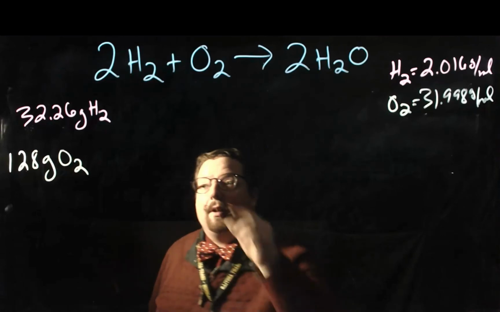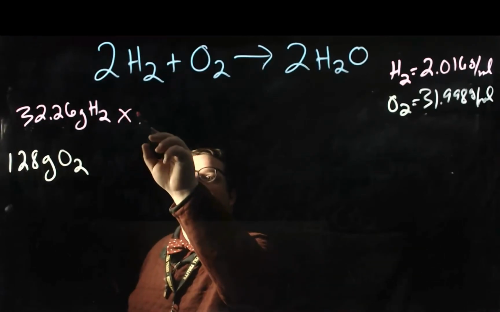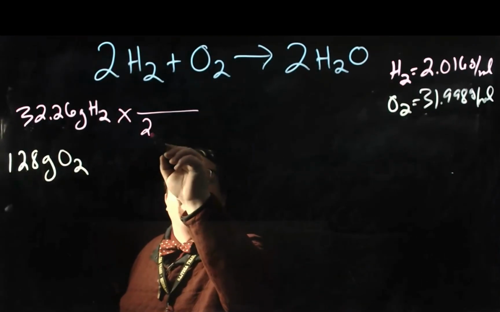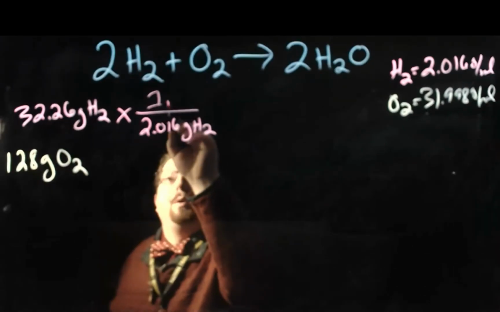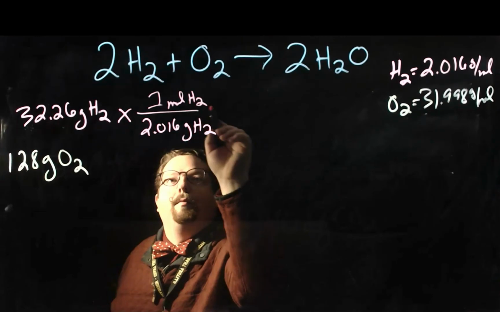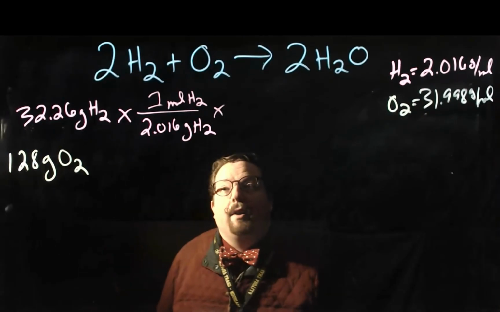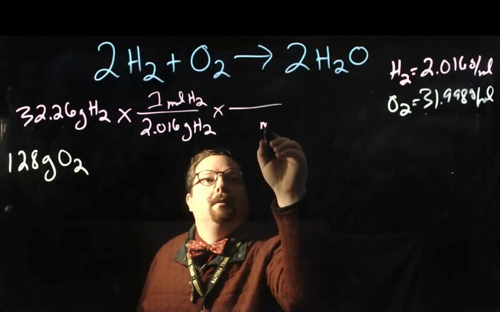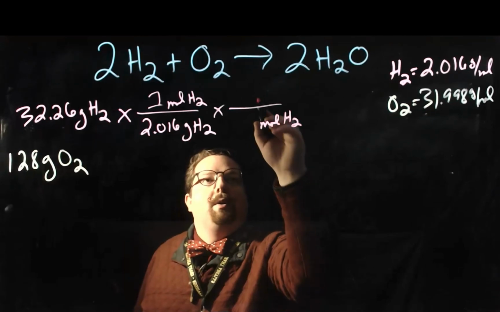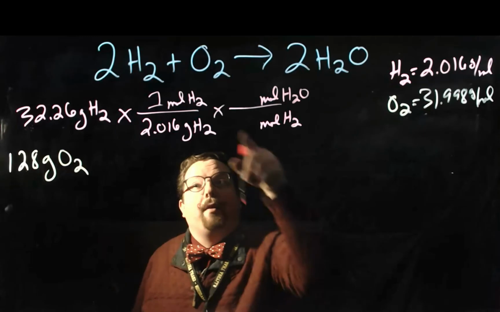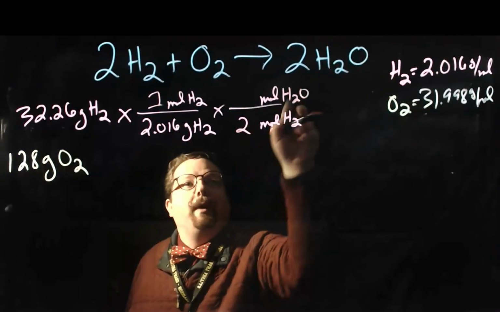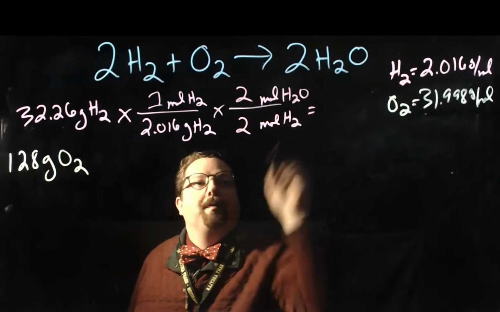First step here is to convert from grams to moles. So for every 2.016 grams of H2, we have 1 mole of H2. And then convert from moles of H2 to moles of H2O. That'll tell us how much we produce. For every 2 moles of H2, we have 2 moles of H2O.